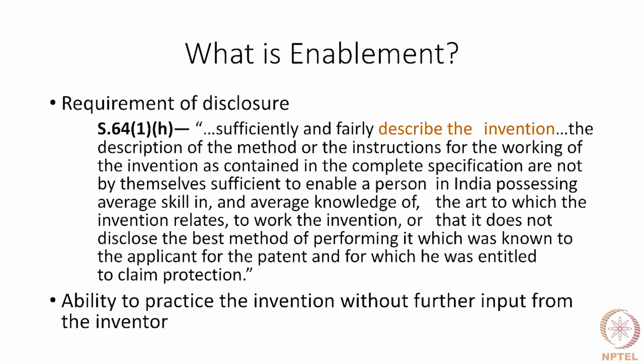So it should contain all the details so that you don't have to get back to the inventor, or there is no need for you to get back to anybody else, in the sense that you need to consult another expert as to what was mentioned here. So it's viewed from the perspective of a person skilled in the art, and it should enable a person skilled in the art to practice the invention.